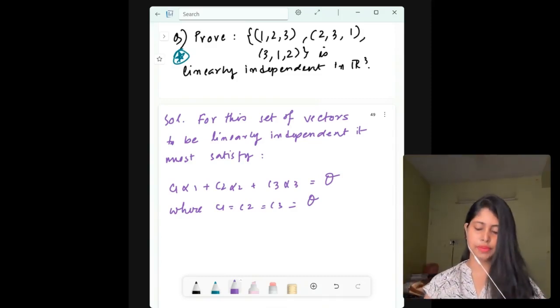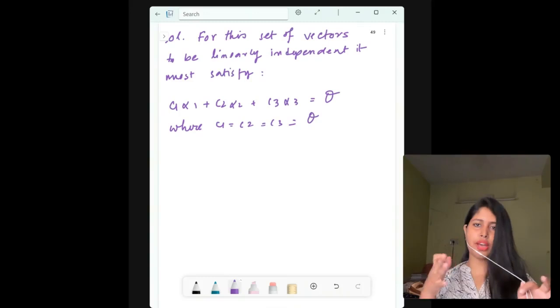Theta here is a zero vector. This is the condition for linear independence.